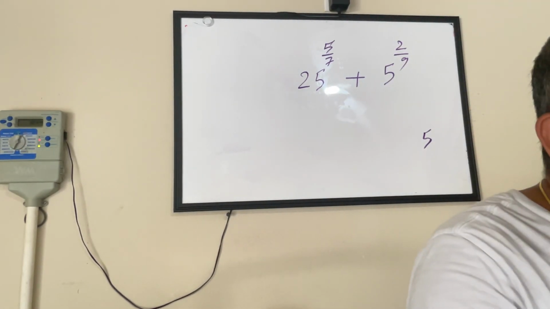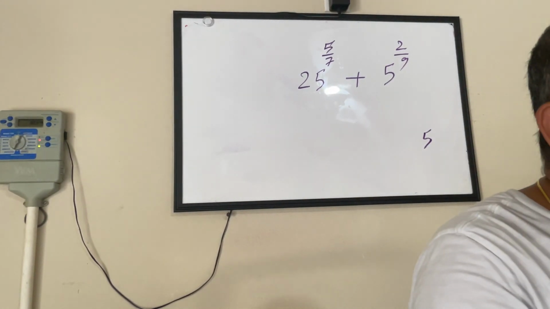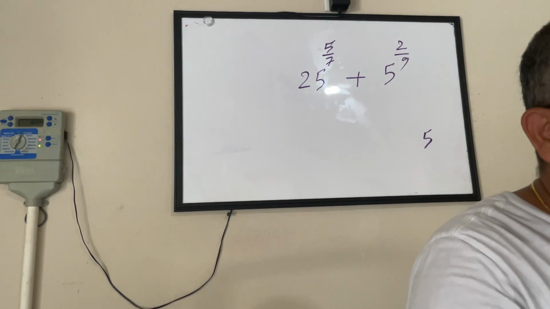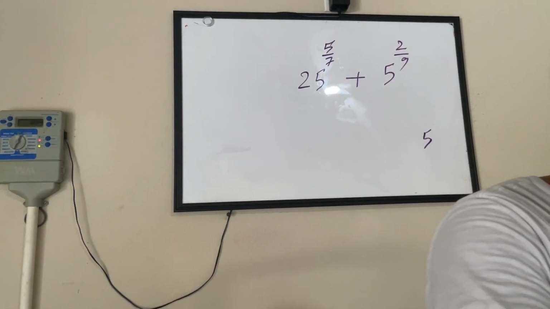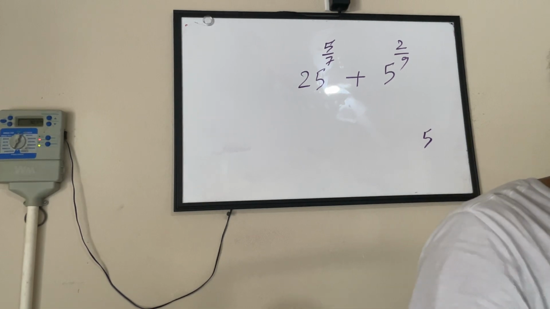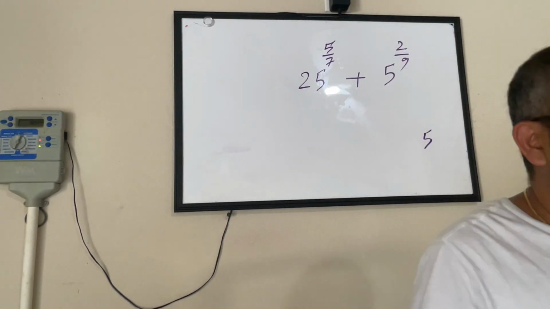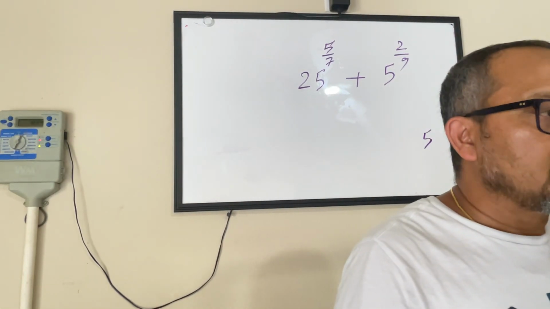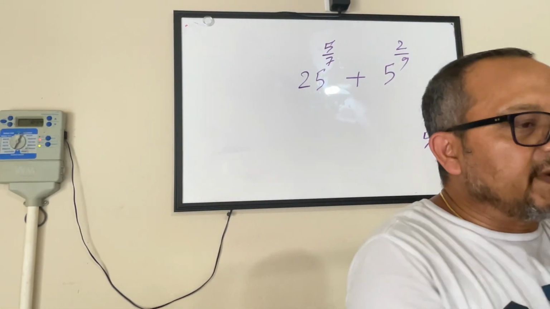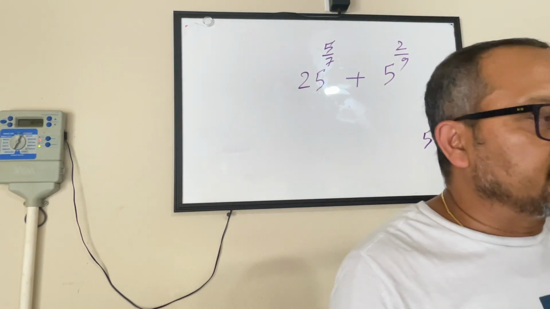Can you write in the chat? Can you write in the chat here? Or if you have written it on a piece of paper, you can show it to me. Anyway, it's fine.